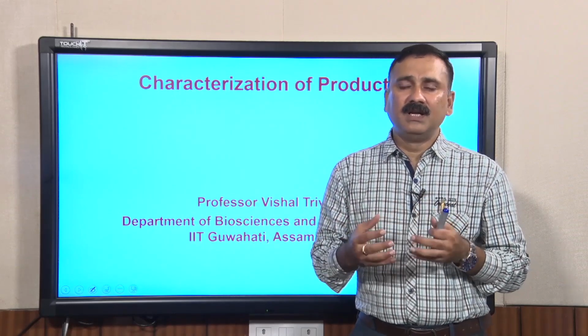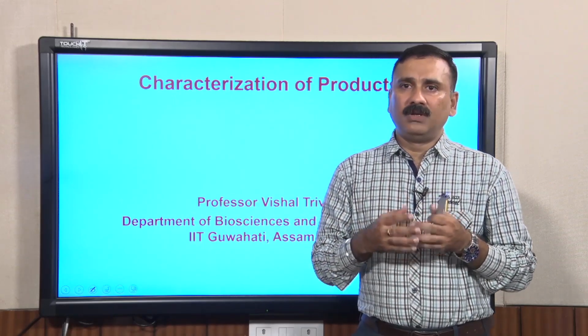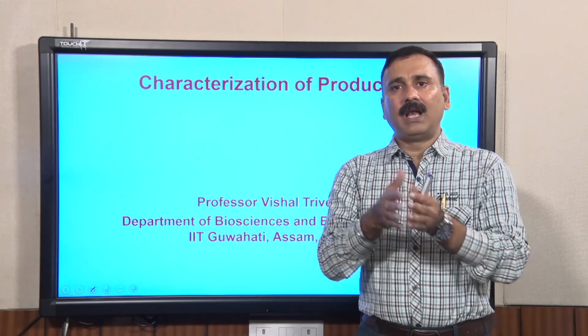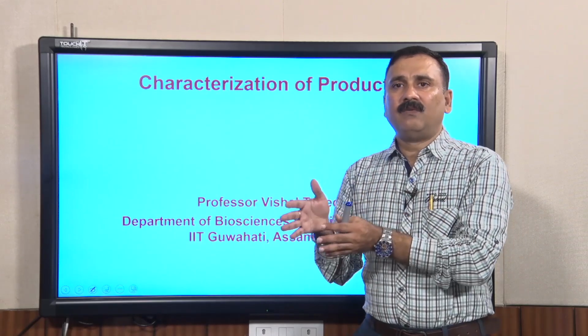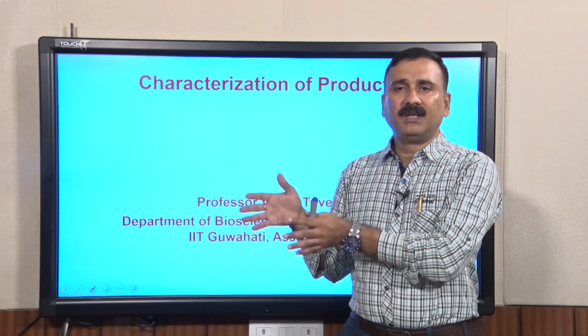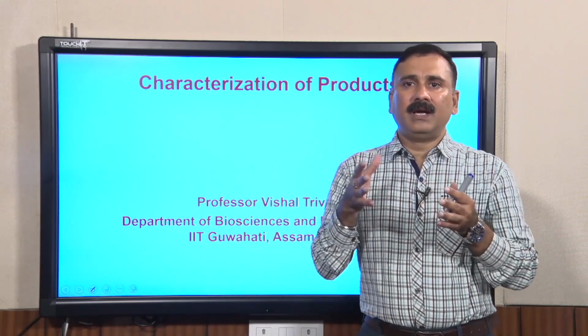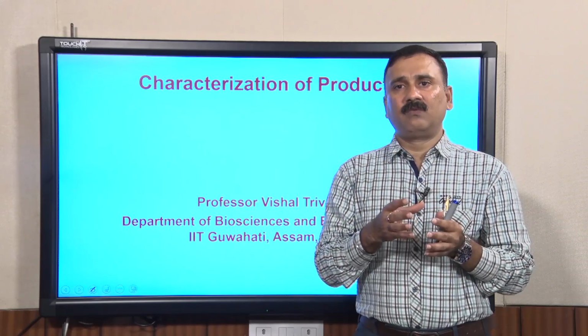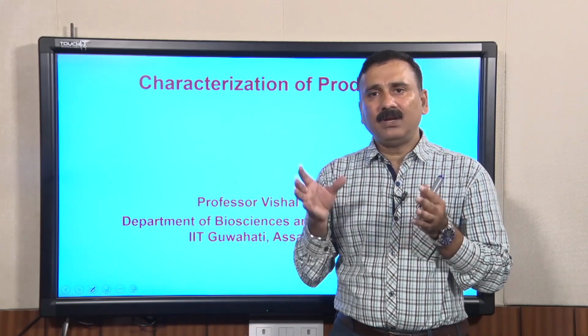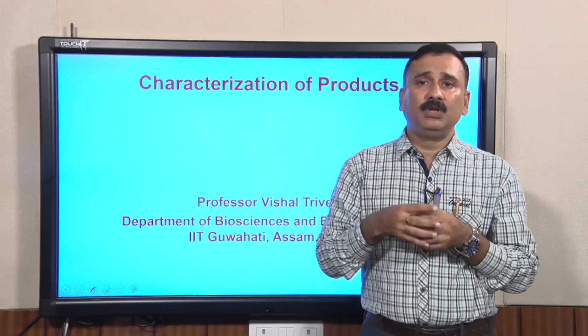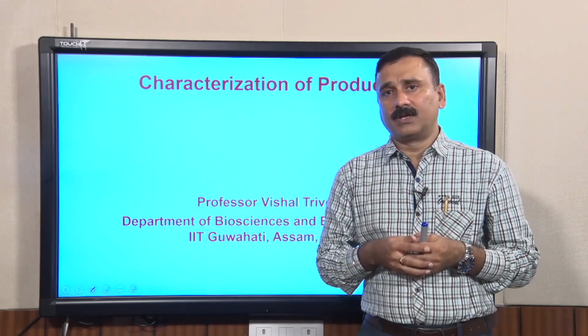We discussed how different spectroscopic techniques allow the probing of different types of molecular processes within the molecule, and how that can help you get different types of information from the same molecules, and that information collectively can be used to characterize the product.